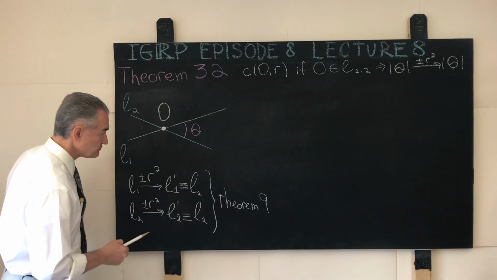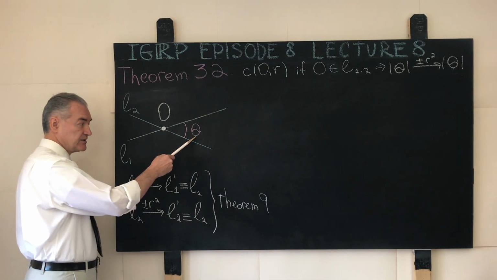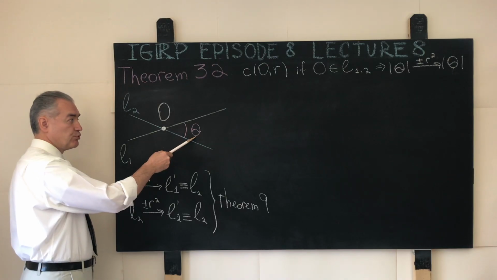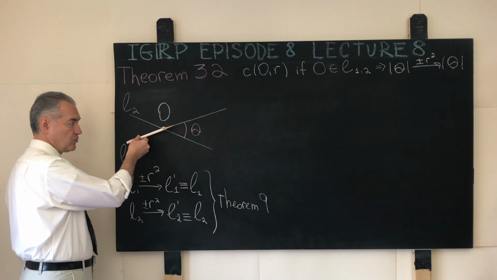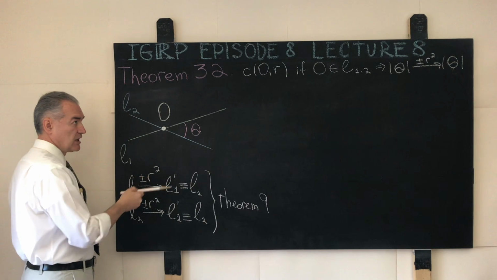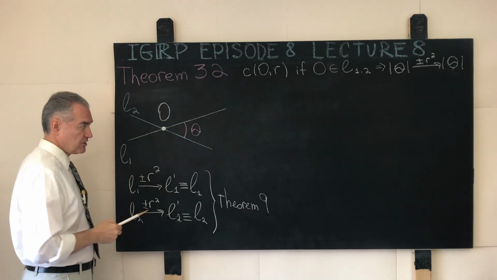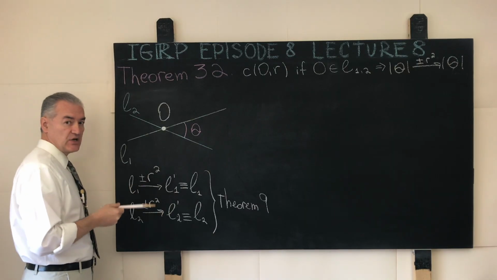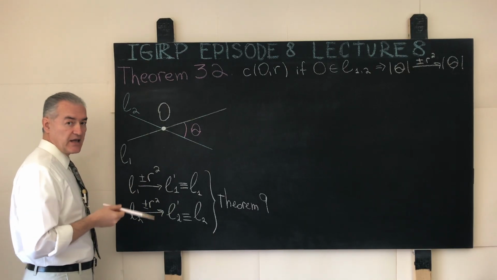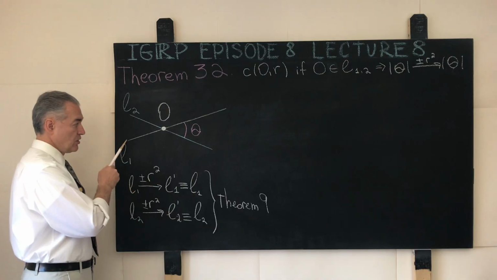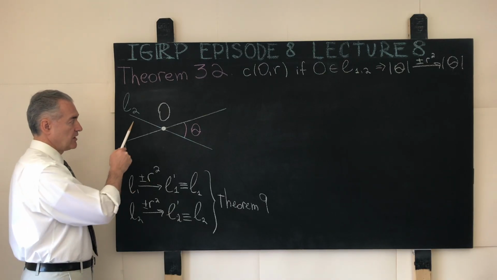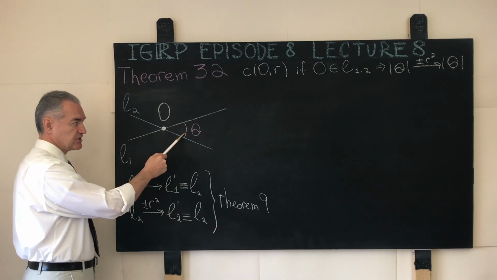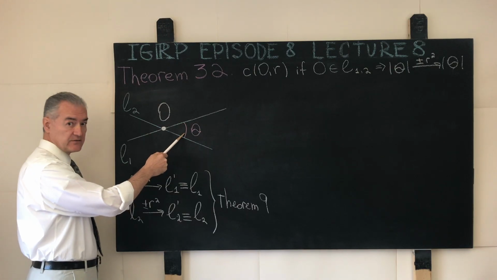As such, if theta is the angle between the pre-image straight lines L1 and L2 under the chosen inversion, these straight lines will be essentially taken into themselves, which means that the angle between the images of the straight lines L1 and L2 will be precisely theta again.